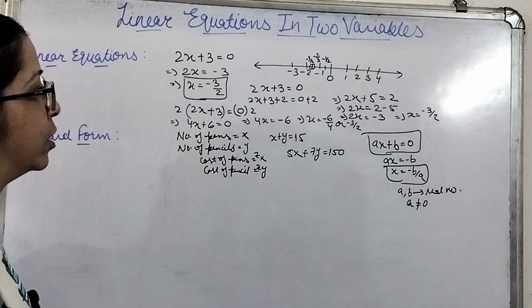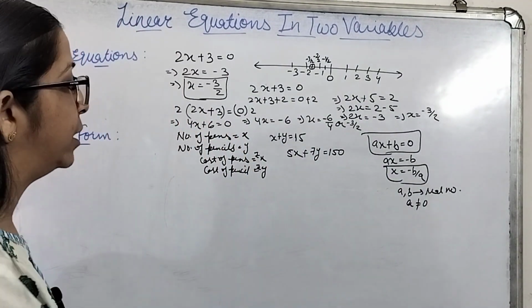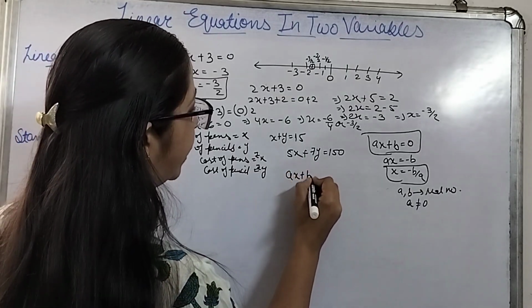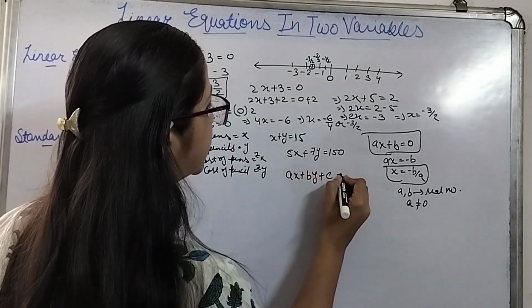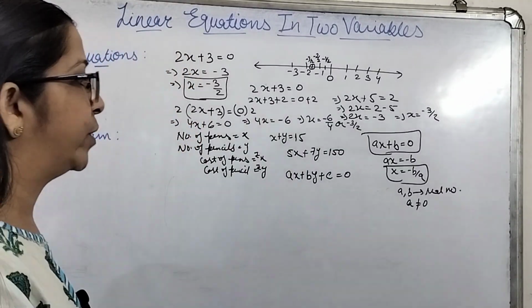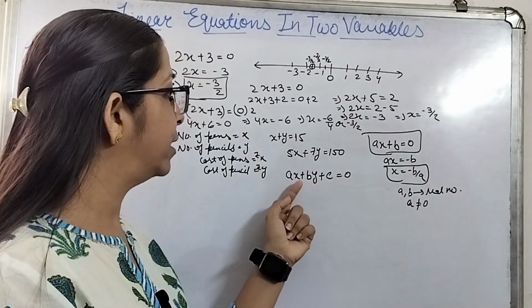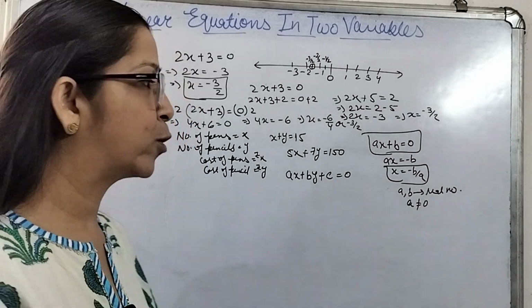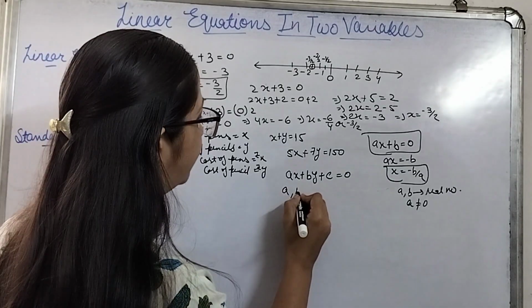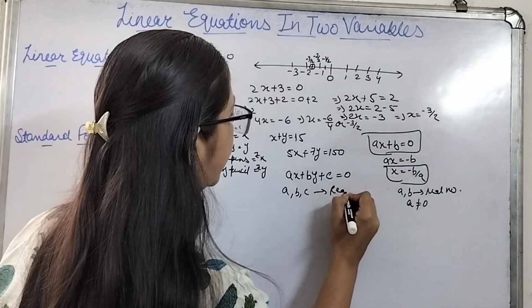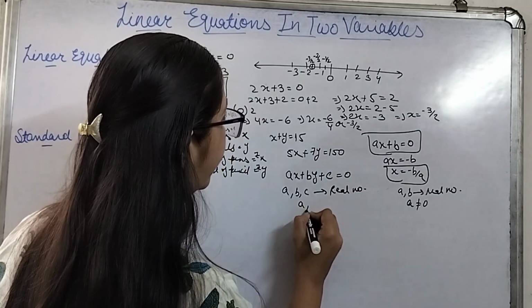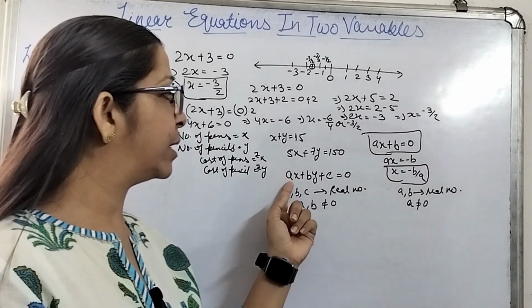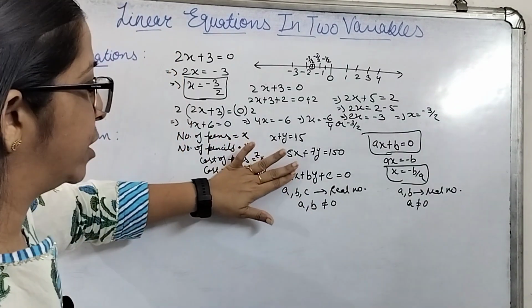Now, if we talk about linear equations in two variables, the standard form is ax plus by plus c is equivalent to 0. Over here there are two variables, x and y, and a, b and c are any real numbers, they are constants. A and b both cannot be 0, because if a becomes 0, it becomes a linear equation in one variable.